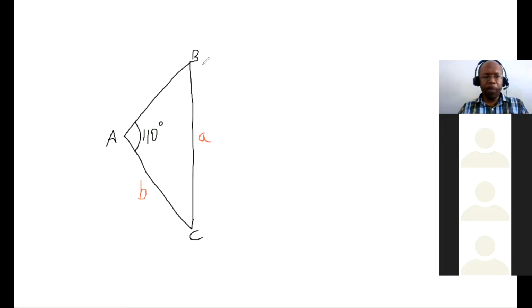The angle is B, so the side will be B. But notice how I write the B lowercase. The angles get uppercase, the sides get lowercase. Is that clear? So you tell me, what will be the name of this side AB? C. Yes, a little c. Very good. So that's the first thing you need to know.